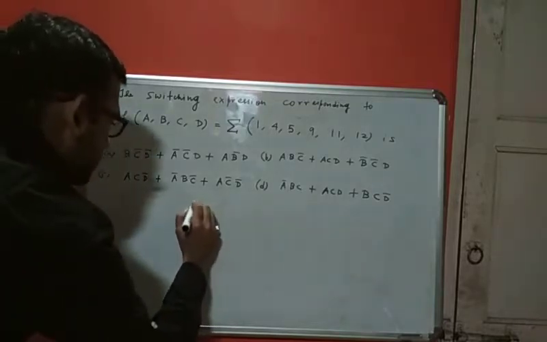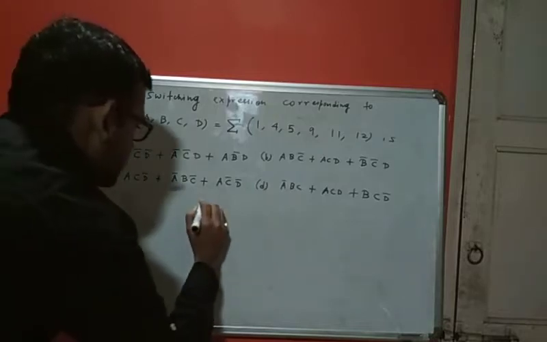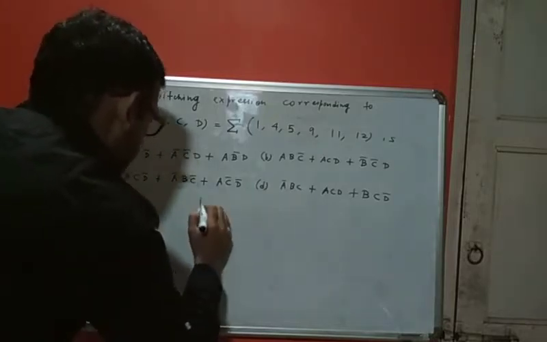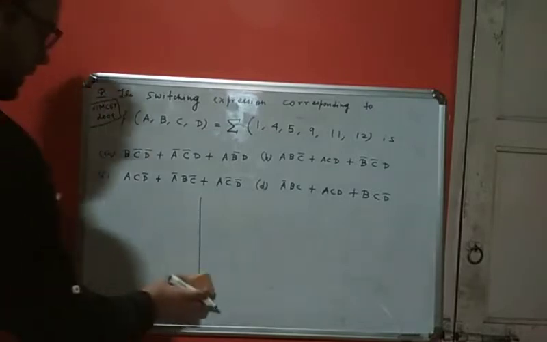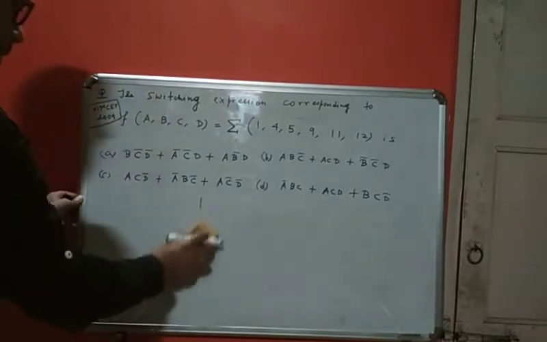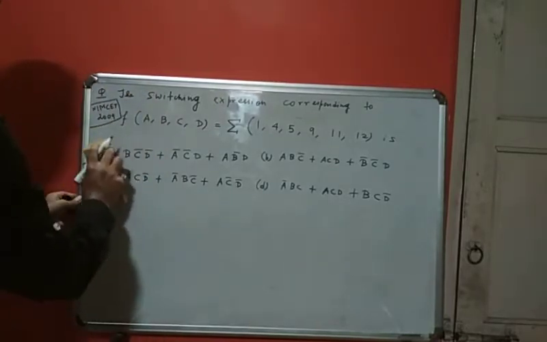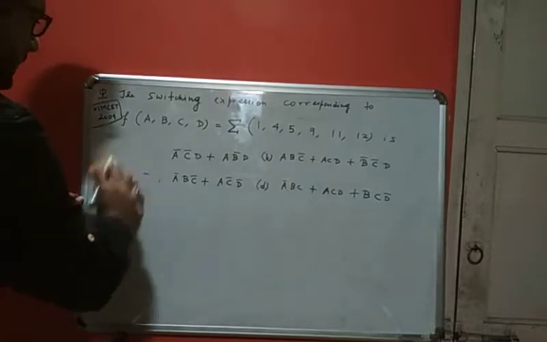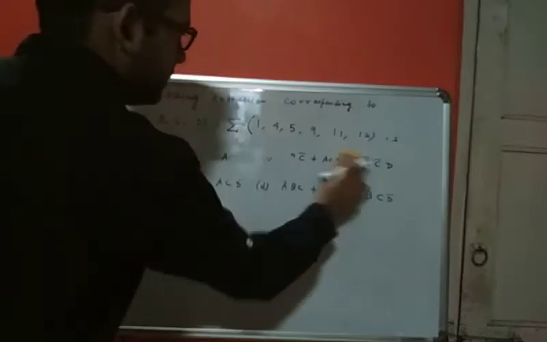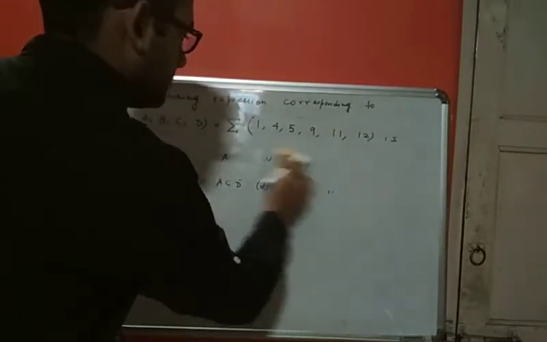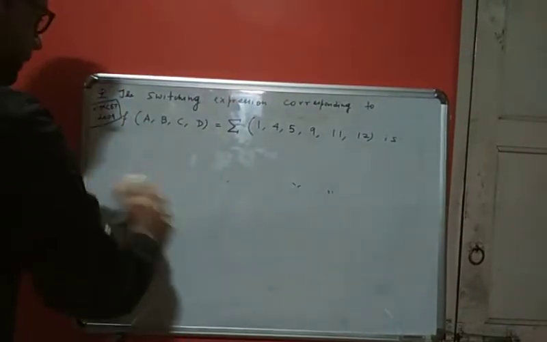Now I'll construct a K-map. Due to lack of space, I'll simply erase the options, and let's see what it comes out to be. So I hope you have noted down the question.